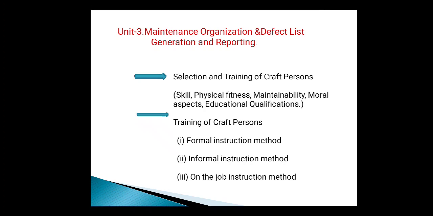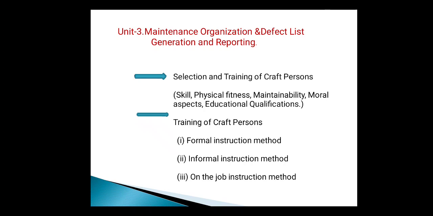So after formal instruction, informal instruction is taking the candidate to the spot, on the machine site itself. At that time they explain everything regarding the working conditions and the required equipment, giving an introduction and explanation of that equipment. So this is all about informal instruction.